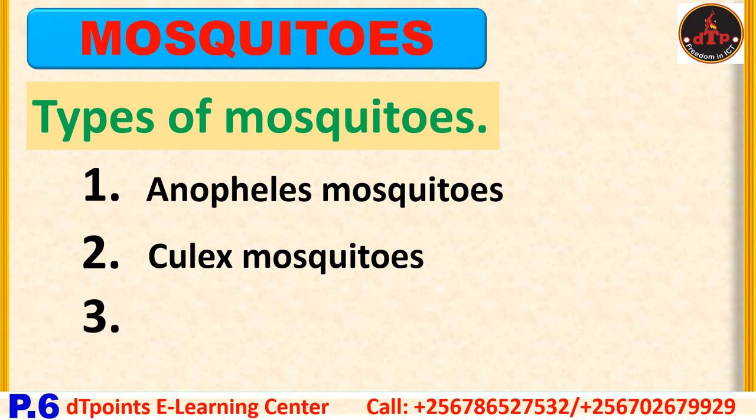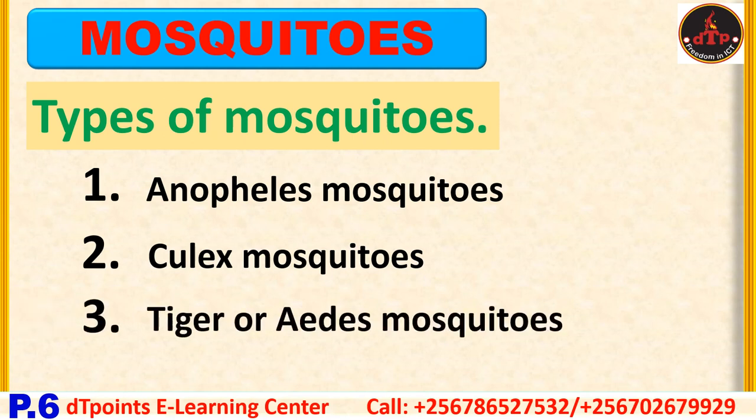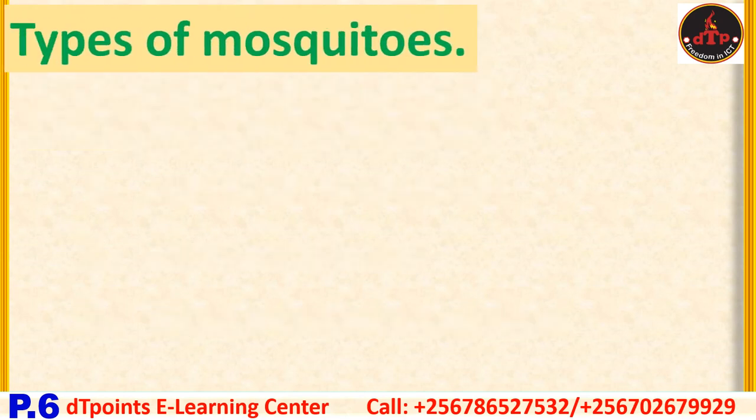And then finally we have tiger or Aedes mosquitoes. These are the three types of mosquitoes. Each type has a specific disease which it spreads, just as we are going to look at.